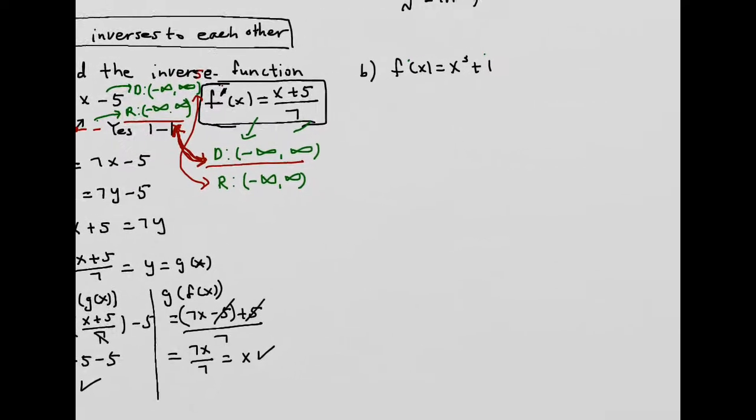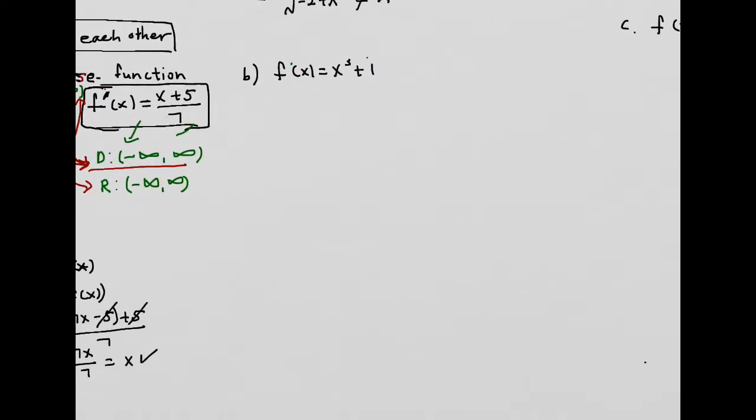The next problem we're looking at is f of x equals x cubed plus 1. The first thing we need to do is make sure the given function is a one-to-one function, because only one-to-one functions have inverse functions. So let's see. We have a cubic function, which we know looks like this.